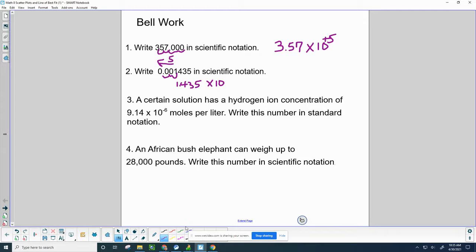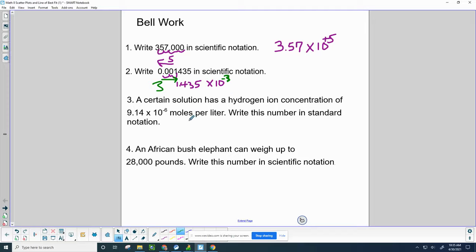And because we had to move the decimal 3 places to the right, our exponent is going to be -3, just like that. So that's how you do those scientific notations. Have a big number or have a really small number.